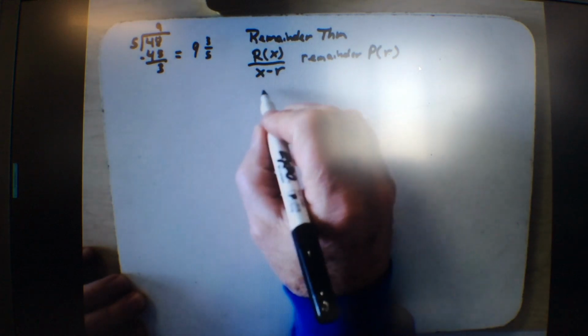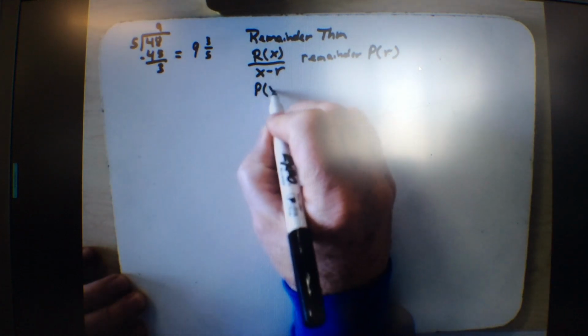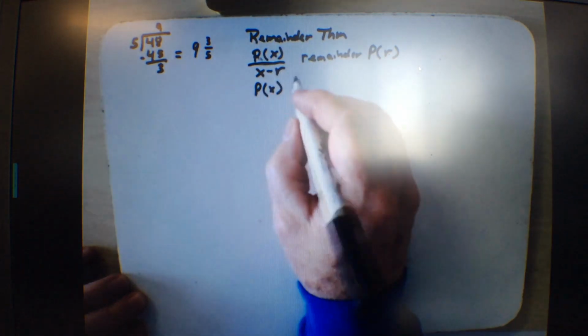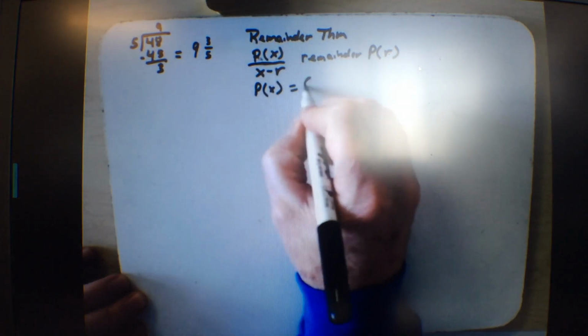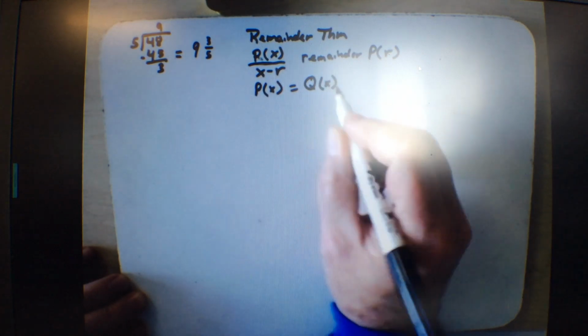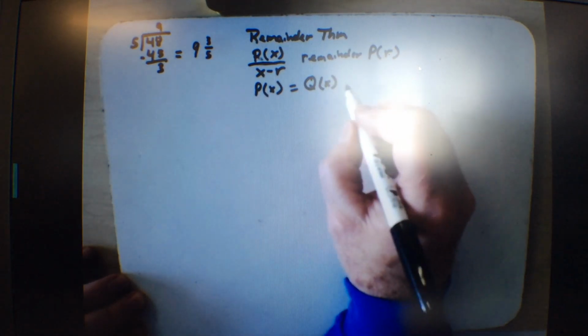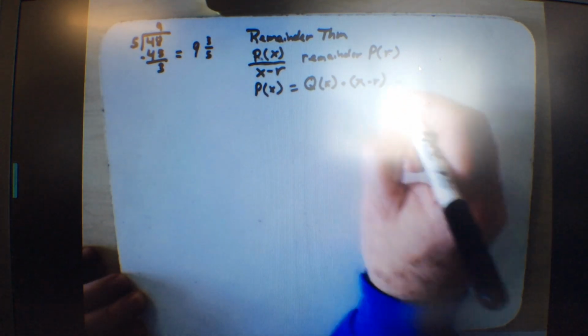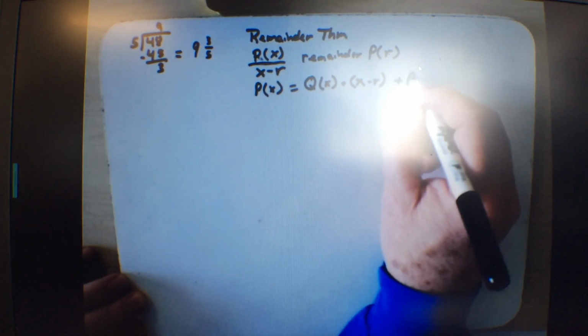But what the remainder theorem says is that the function p of x, sorry, I got r of x up there, I'm not sure why. P of x equals the answer, which we call q of x. The answer is called the quotient, if you remember from elementary. And then times x minus r, that's what we divided by, plus the remainder, which is this.